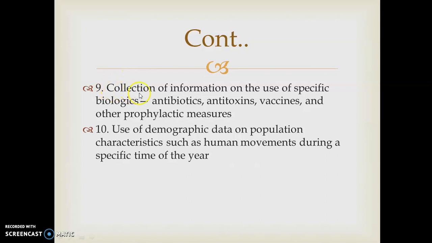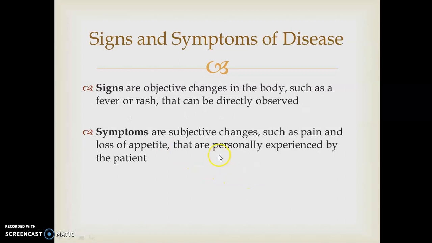The ninth is the collection of information on the use of specific biologics, for example whether antibiotics, antitoxins, vaccines, and other prophylactic measures are used or not, and what is their effect on the population, whether it is effective or not. The 10th one is the use of demographic data on population characteristics, such as human movements during a specific time of the year, that either the person has moved to any place or not where there is more chance of this disease. So this is the demographic data.